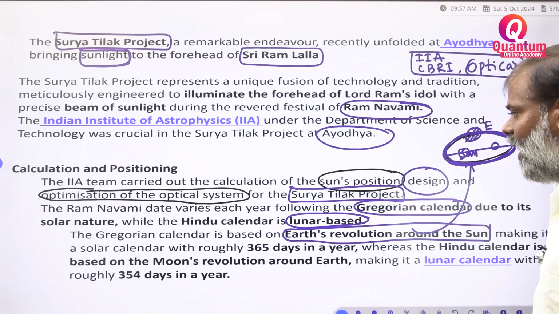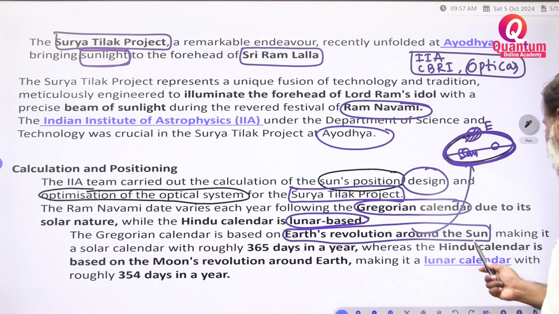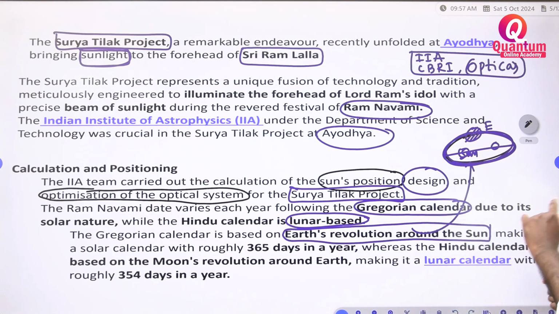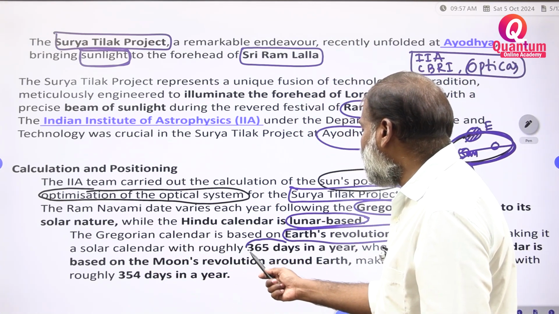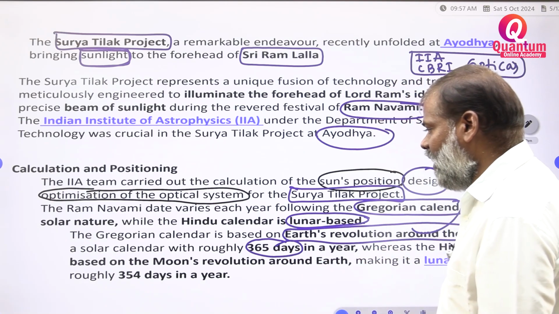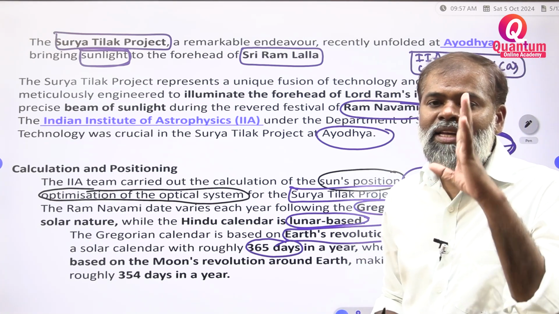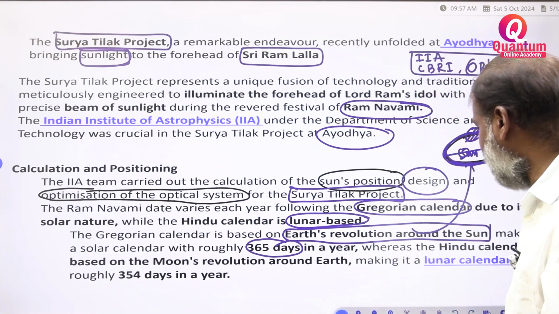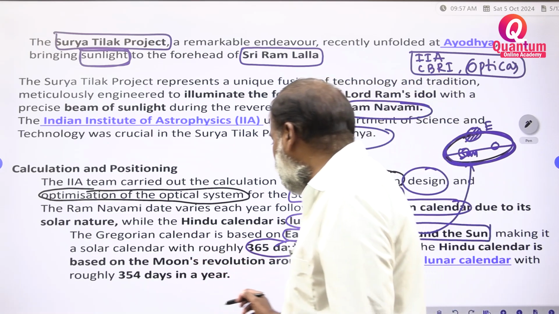A Gregorian calendar is based on the earth's revolution around the sun, making it a solar calendar with roughly 365 days in a year. According to the Gregorian calendar, how many days per year? 365 days.